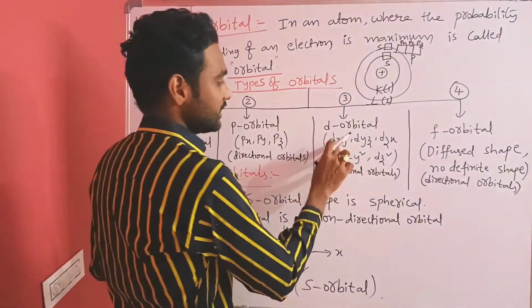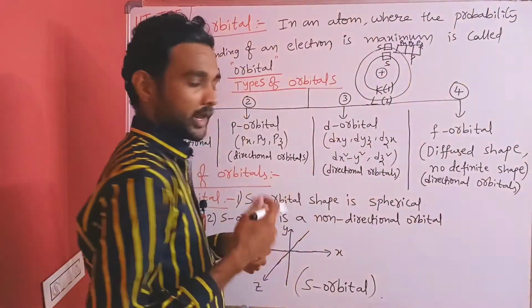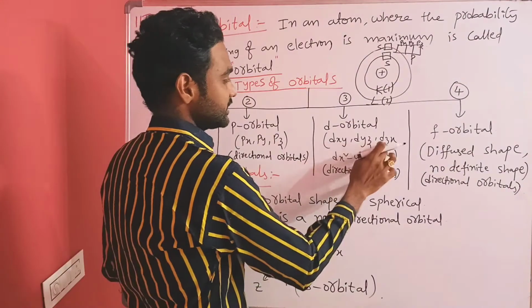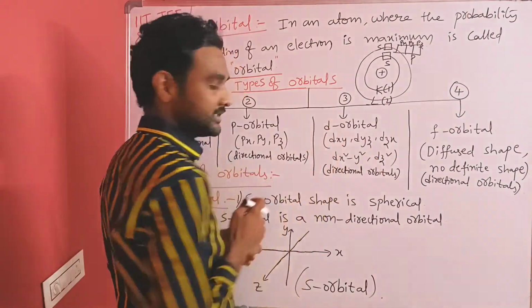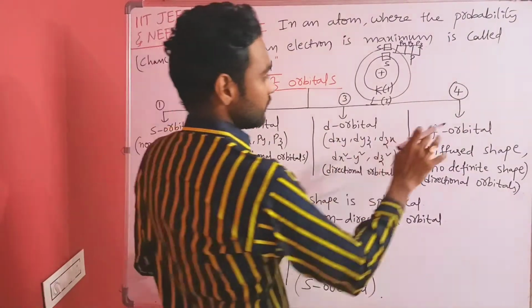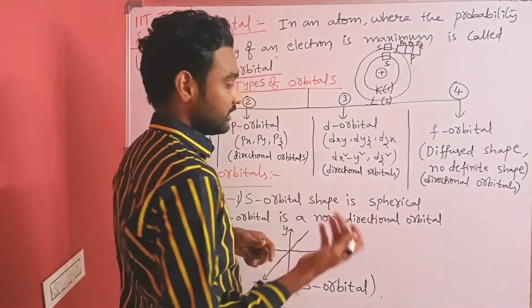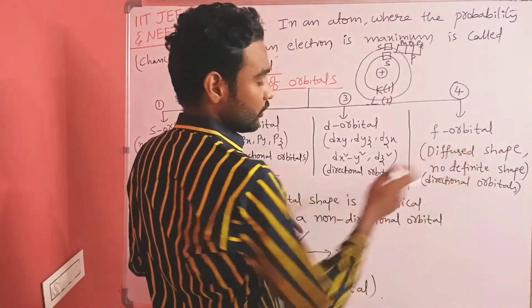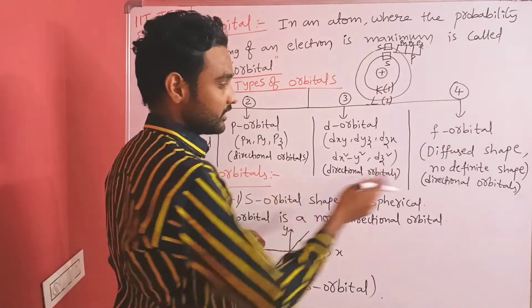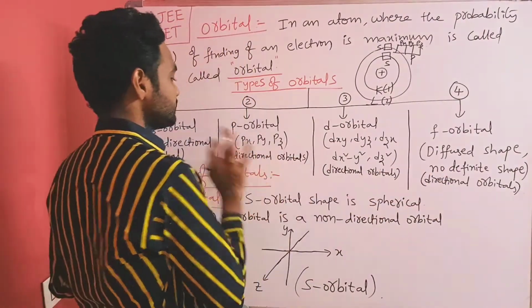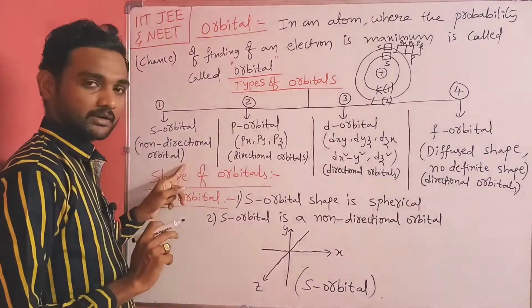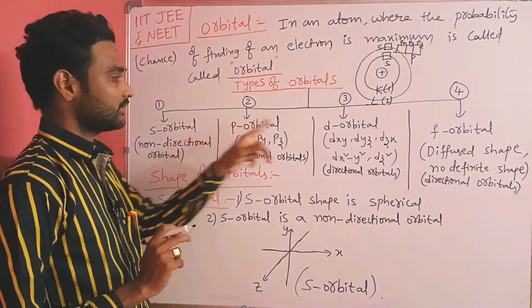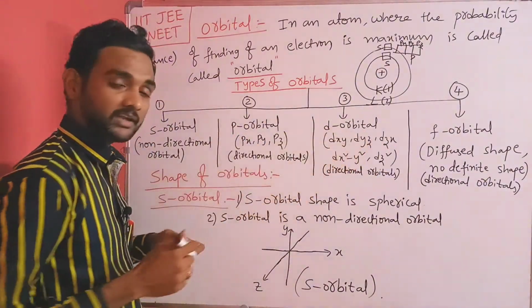In the d subshell there are 5 orbitals: dxy, dyz, dzx, dx square minus y square, dz square. The f orbital has a diffused shape, no definite shape. The s orbital is non-directional; p, d, f orbitals are directional orbitals.